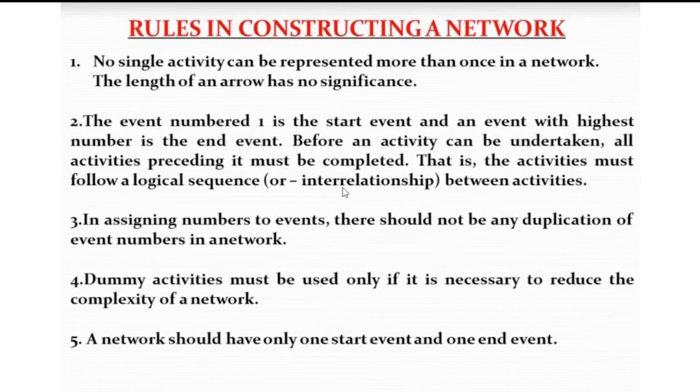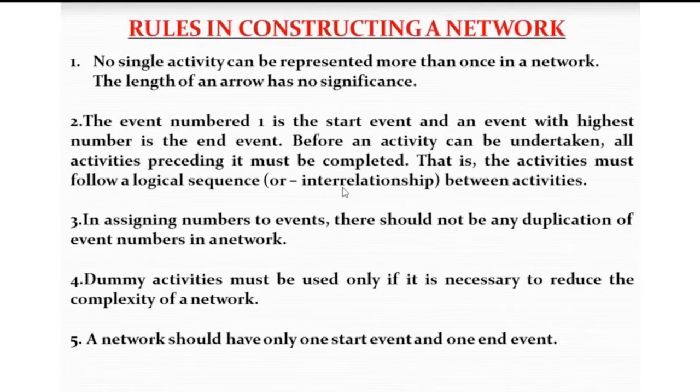So it should follow a logical sequence or interrelationship between activities. And number 3, in assigning numbers to events, there should not be any duplication. If the assigned number is already used in an event, it should not be used anymore in any event or in the graphical view representation.